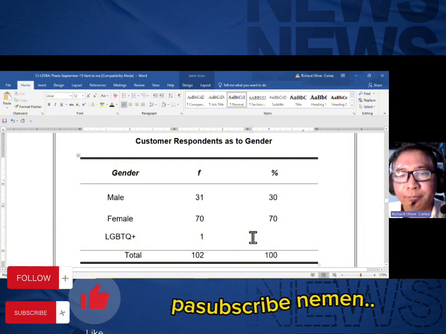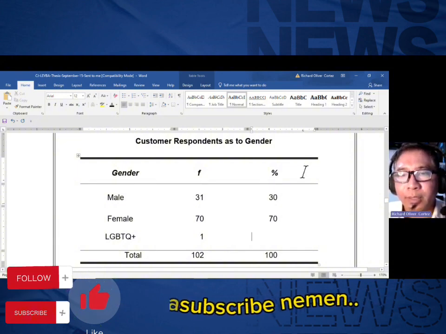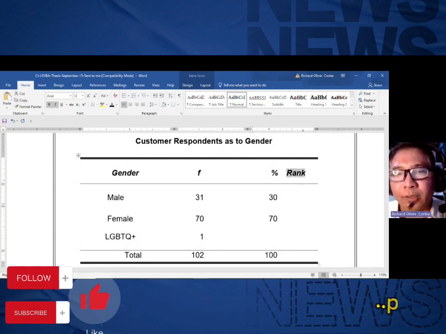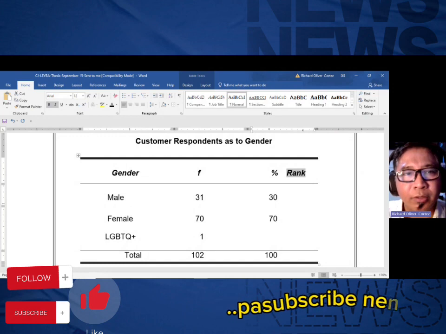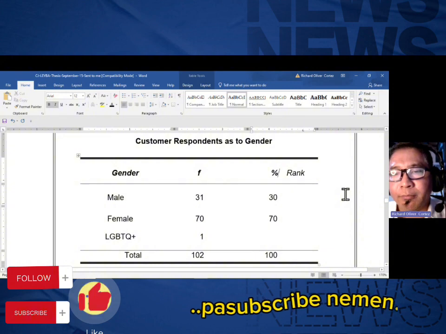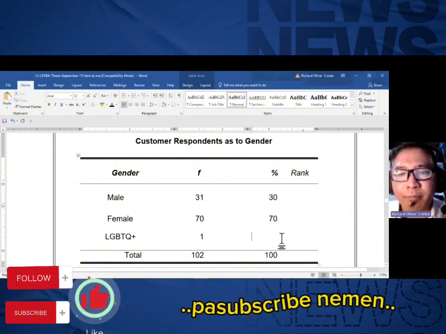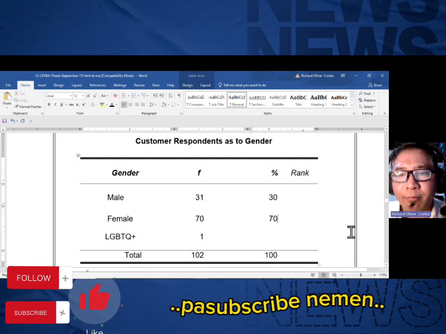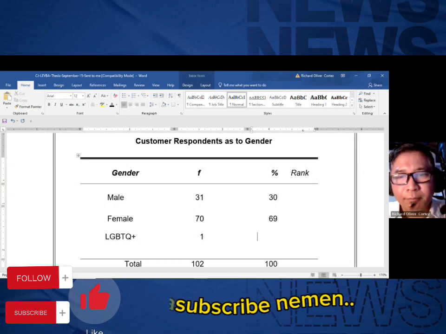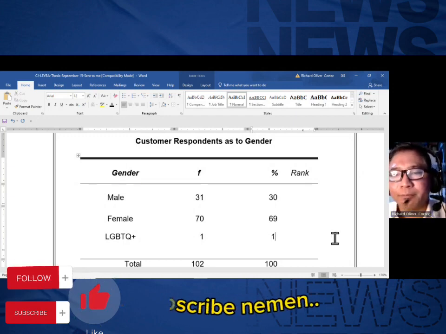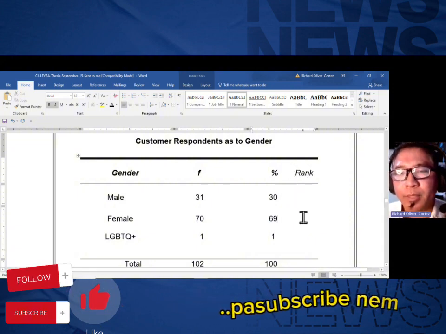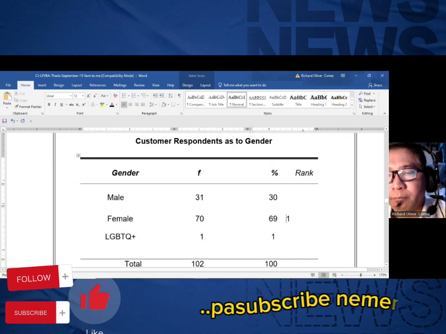You can now add here the ranking column. If you have three or more indicators, you can add the ranking column. Okay? So, for example, the third one is 69%, and this one is 1. So there are three of them now. Once you have the fourth column, the ranking, that is rank 1.